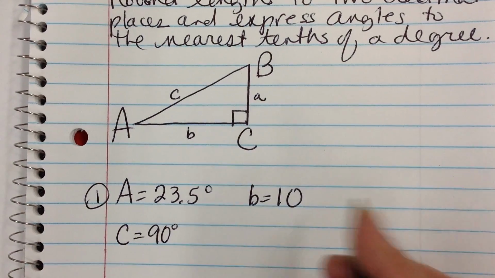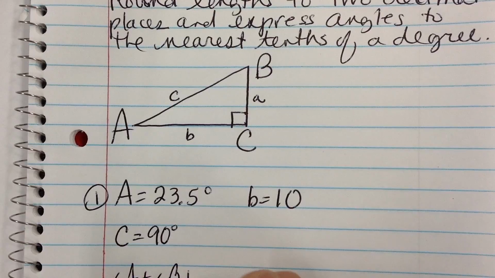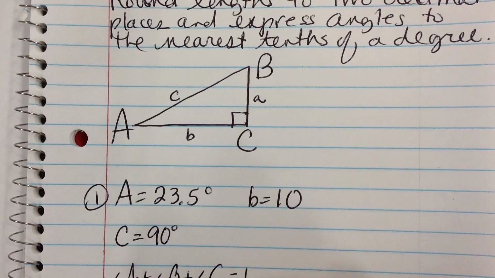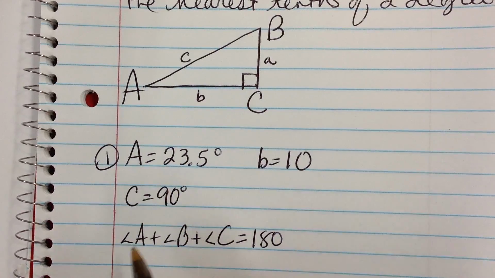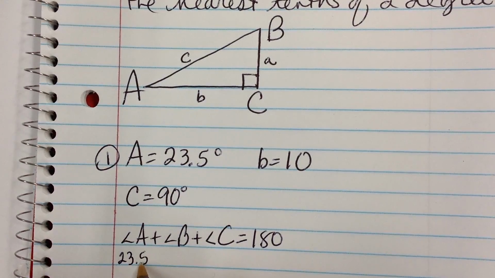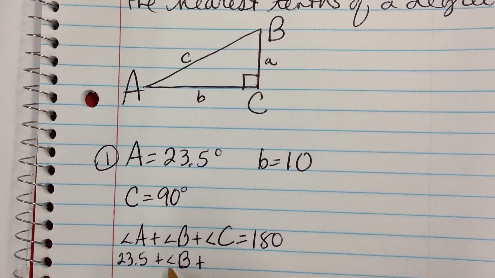So I could make a statement that angle A plus angle B plus angle C equals 180 degrees. Well, we know angle A is 23.5. I'm searching for angle B, so I'll leave it angle B. Angle C is 90. I plug in all the values that I know.